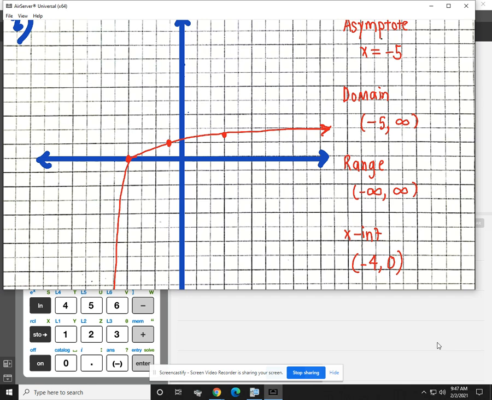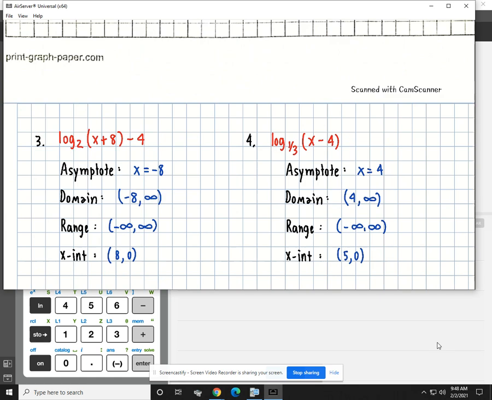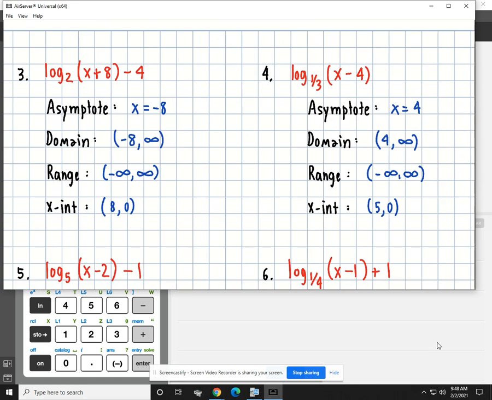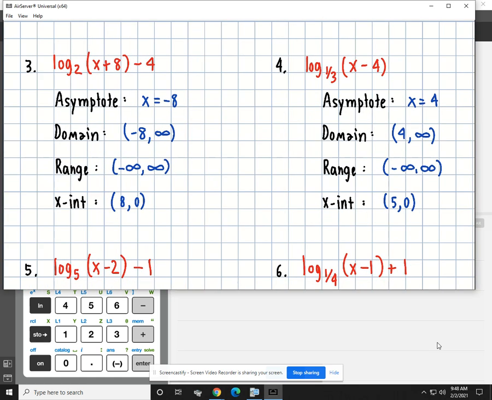Now the next 4, you were supposed to graph them, but only to find your what? What do we need to find with our graphing calculator? The x-intercept, okay? So here they all were. Let's look at them 2 at a time. Here's 3 and 4. Again, look, that's x plus 8 in parentheses.